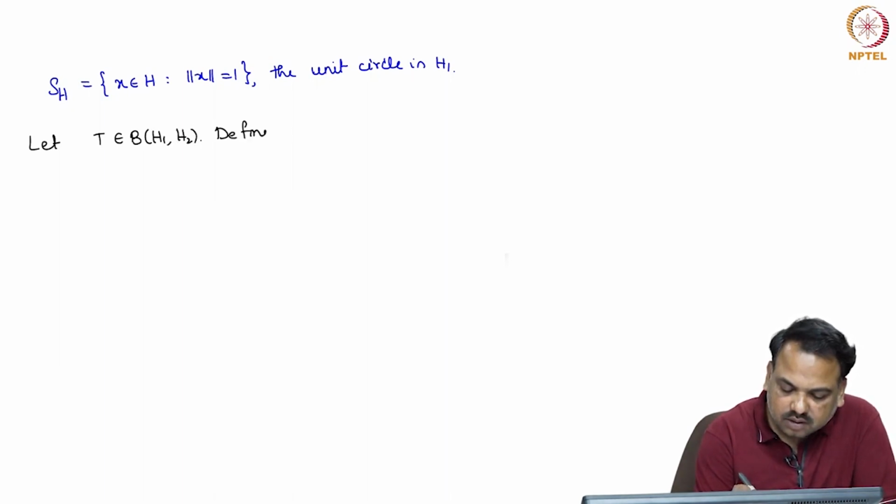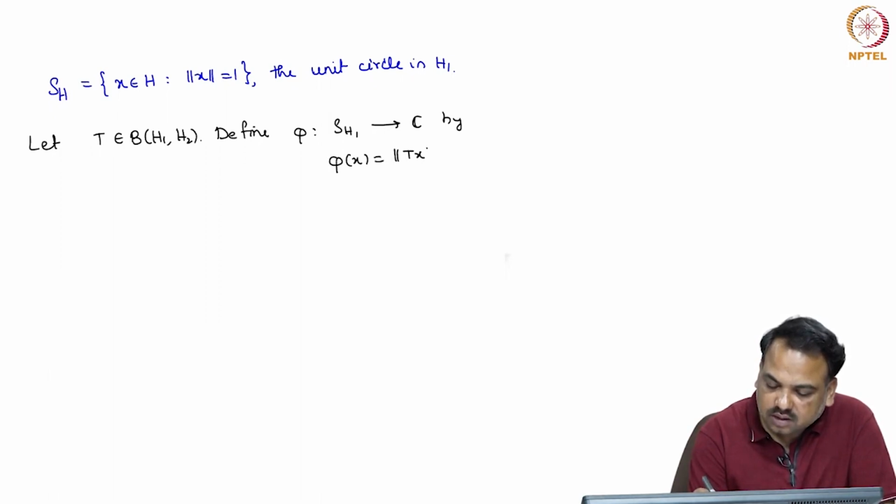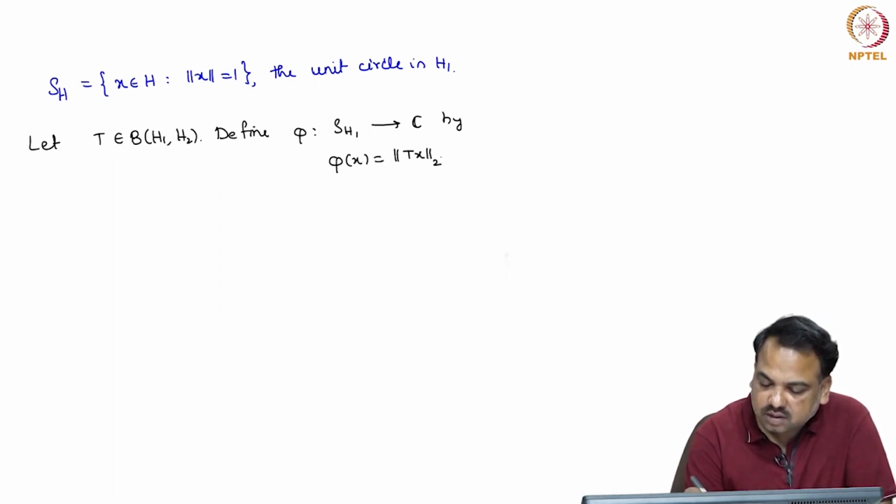Define a map phi from the unit sphere of H1 into C by phi of x as norm of Tx, where x is coming from the unit sphere.